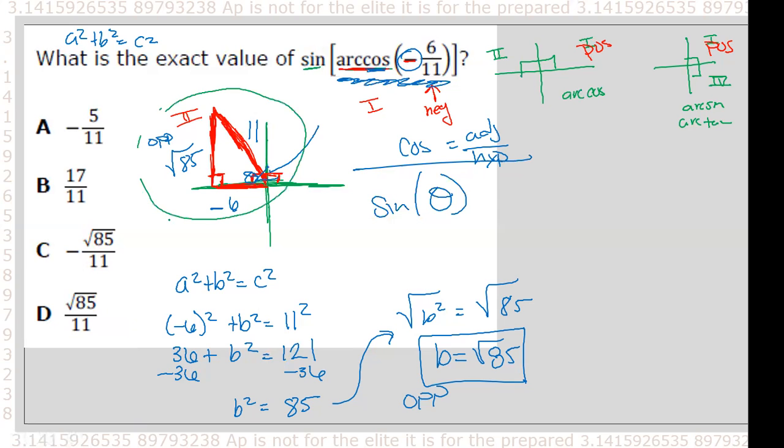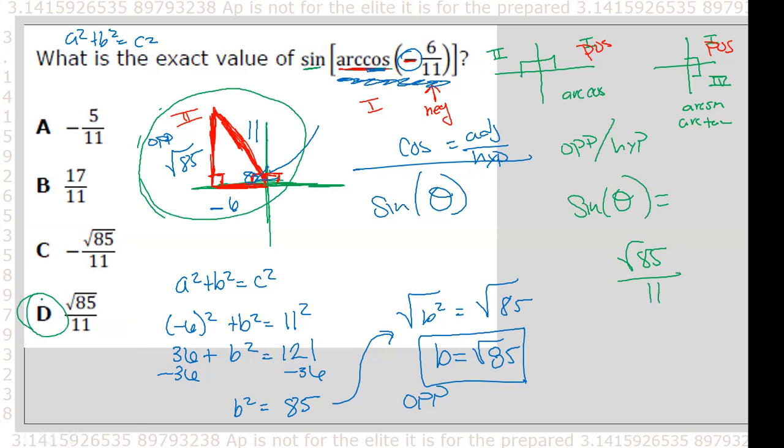What is sine of theta? Keep in mind, sine is opposite over hypotenuse. So my opposite side is square root of 85 divided by my hypotenuse, which is 11. Keep in mind, sine is positive in quadrant 2.